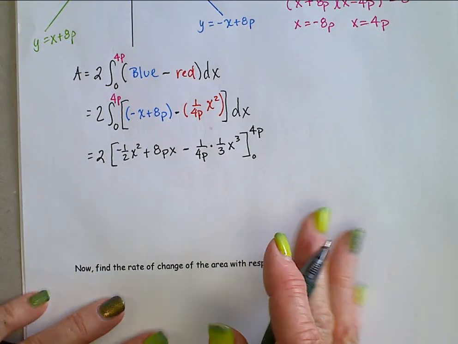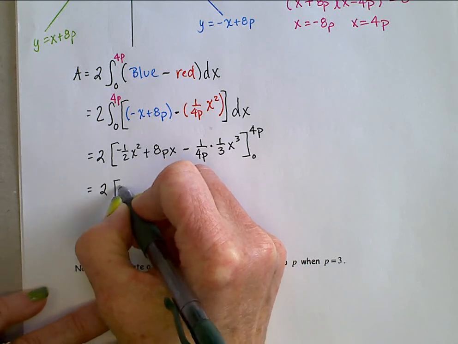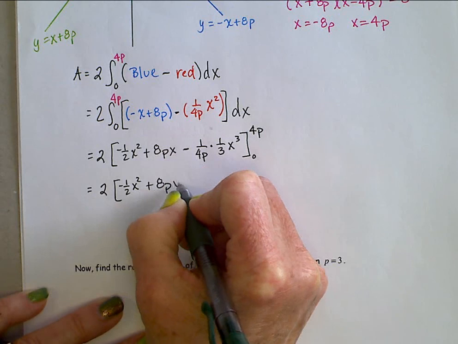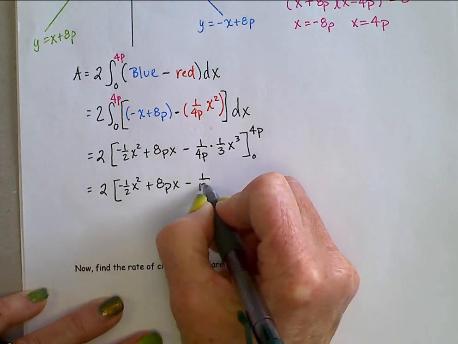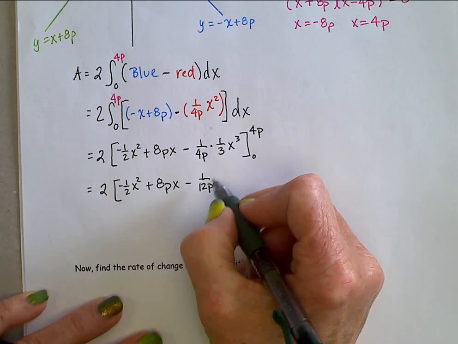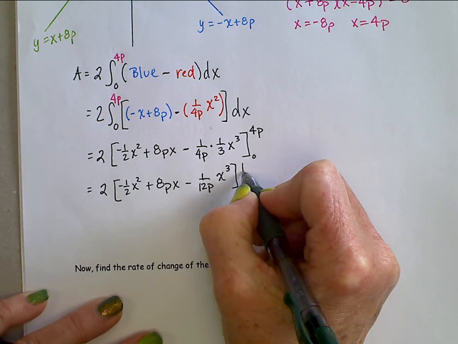All right, I do want to clean this up a bit first. Here's 2 times negative 1/2 x squared plus 8px, and this right there is minus 1/12, or 1 over 12p. Be careful that that p is in the bottom still. Times x cubed, evaluated from 0 to 4p.